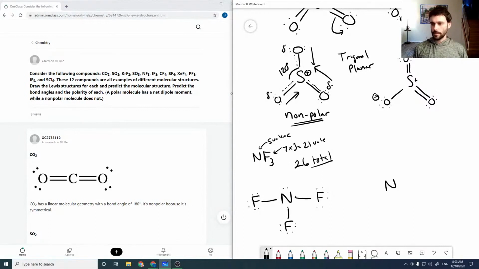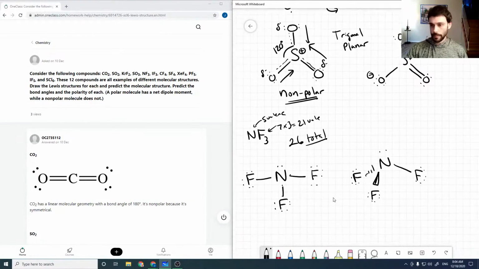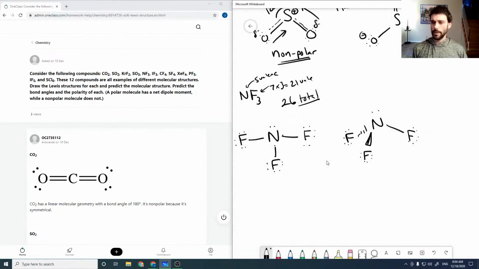Drawing this as a molecular structure, with wedges to show it's coming out of the page, and dashes for into the page. So we've got a trigonal pyramidal structure.